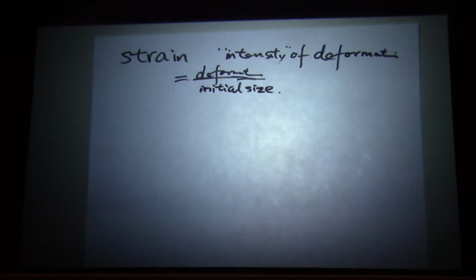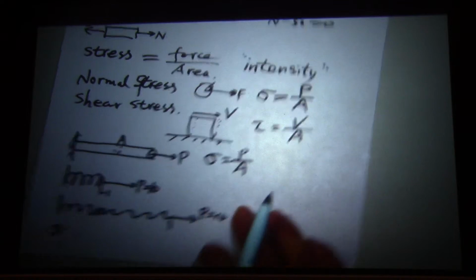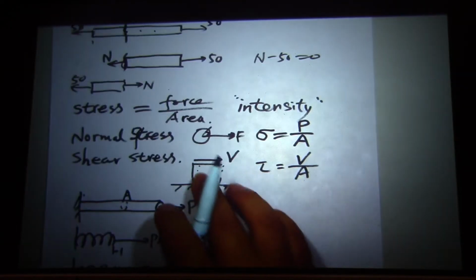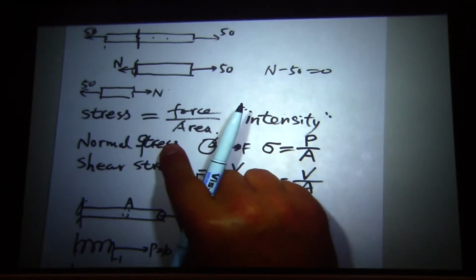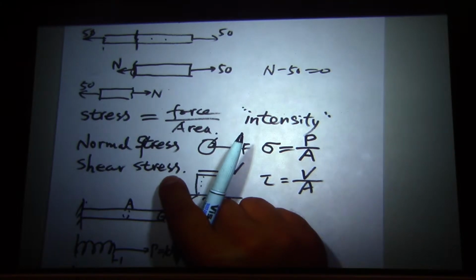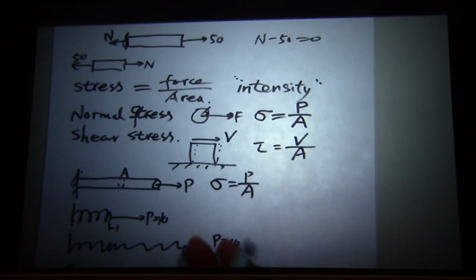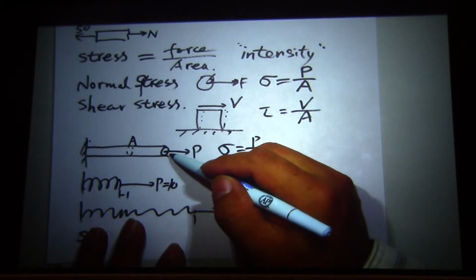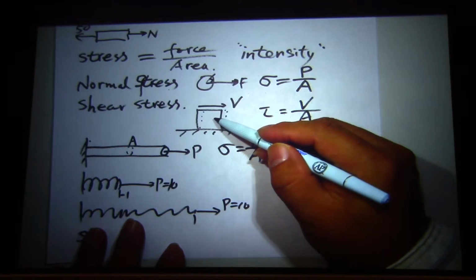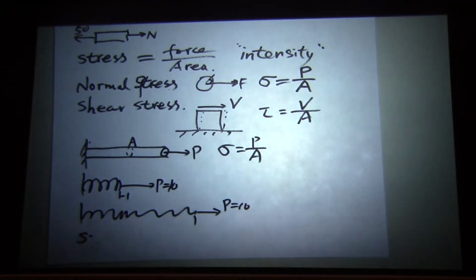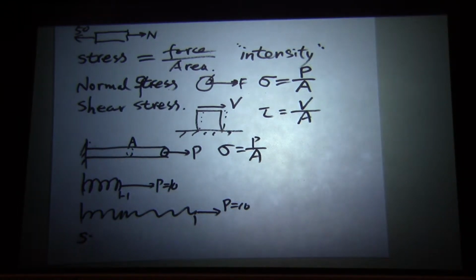Now, because we have two types of force you can apply to an object, you can apply a normal force, generating normal stress, or you can apply shear force, generating shear stress. Accordingly, you can have two types of deformation, right? You can have this one, where you stretch it and it will elongate. Or you can have this one, where you apply force and it will distort, kind of rotate a little bit. So there are two types of deformation.